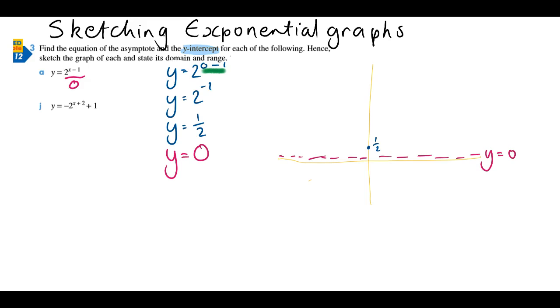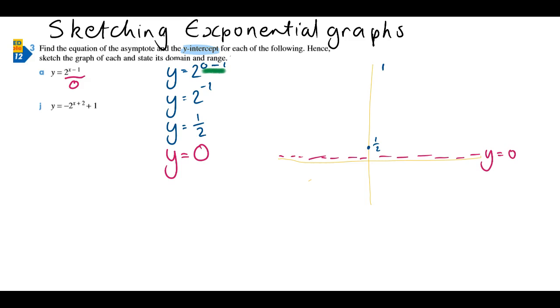Now with these two facts, I can sketch the graph. I just need to have a look at it and think, is it going to go this way or that way? Because that's important. Looking at this graph, as x gets really big in the positive, this is going to become a huge number, so it's going to start up here.